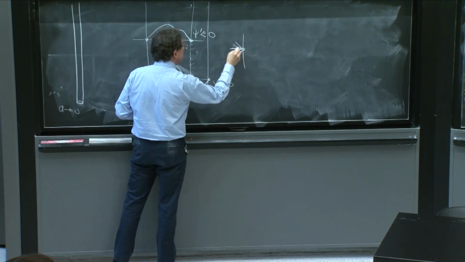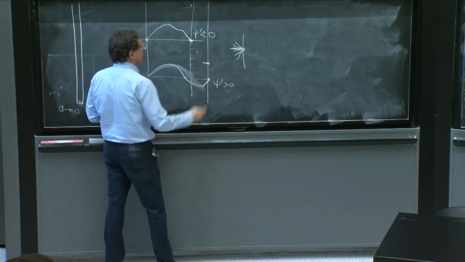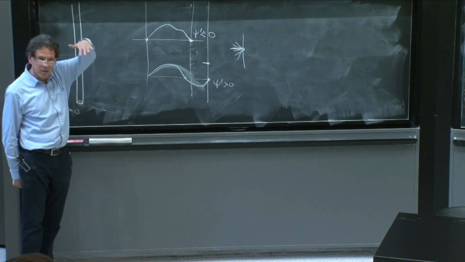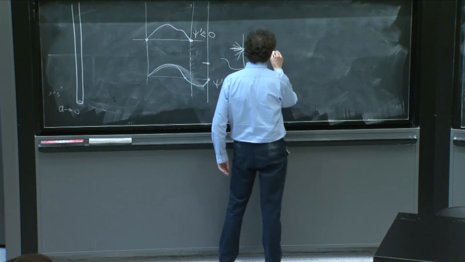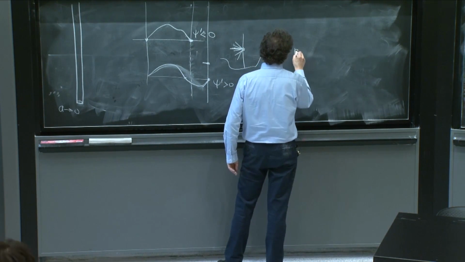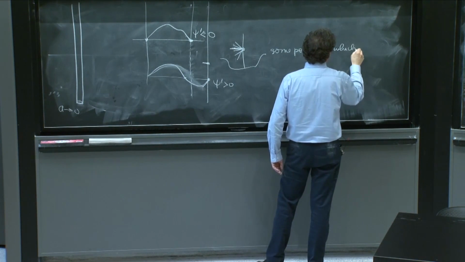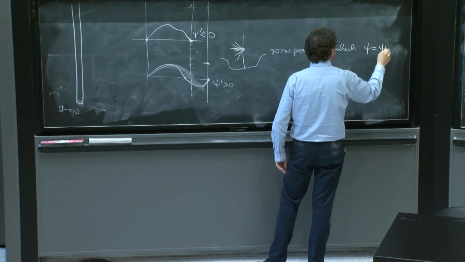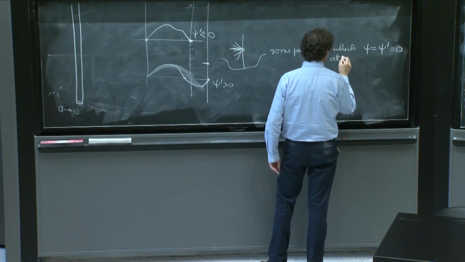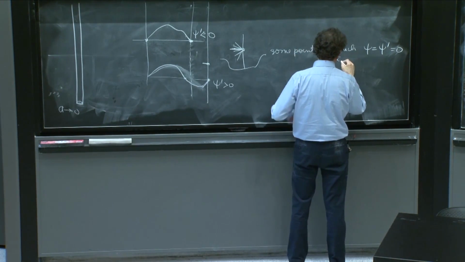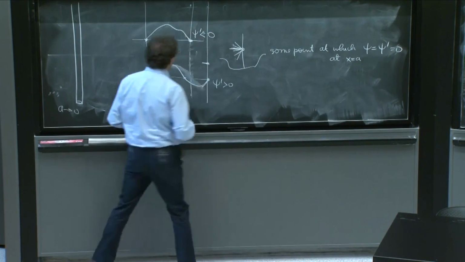But for that, there must have been a point somewhere here when it was horizontal, if it's continuous. And therefore, there must have been some point at which psi and psi prime were both 0 at the endpoint, x equal a, whatever the value of a was.